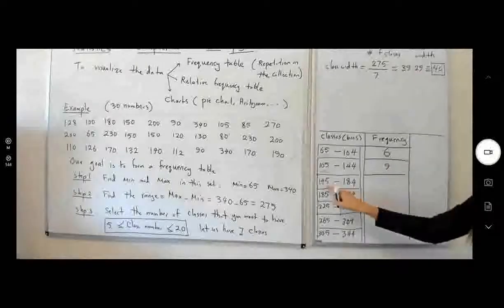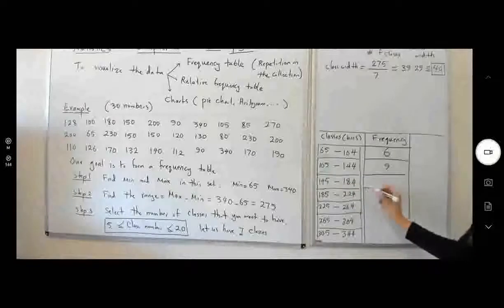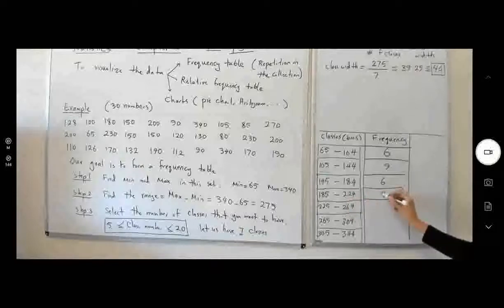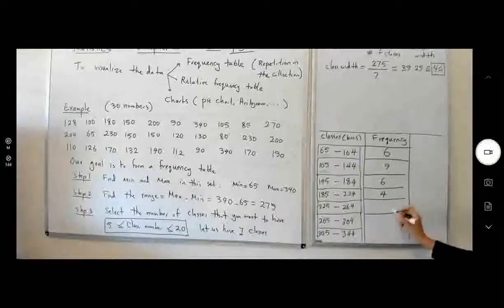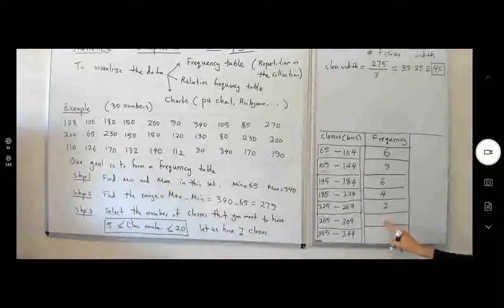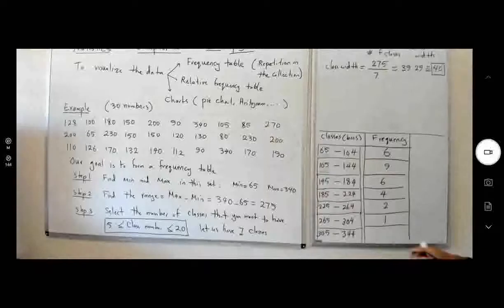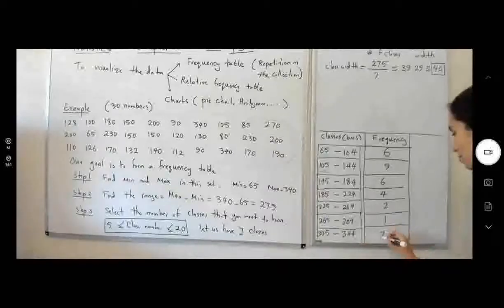How many numbers are between 145 and 184? If you count them, you're going to have 6 numbers. How many between 185 and 224? It's going to be 4 numbers. So the frequency of this class is 4. For the next class, the frequency is going to be 2. And for the sixth class, the frequency is going to be just 1, just 1 number between 265 and 304. And finally, the last class frequency is going to be 2.